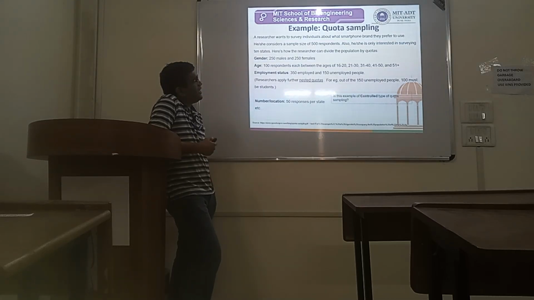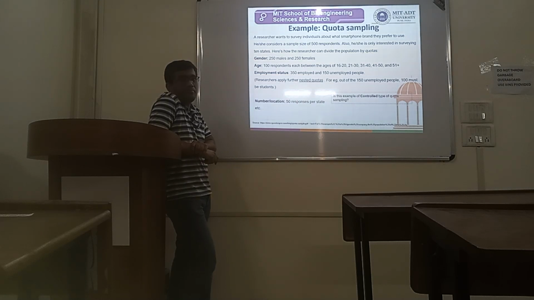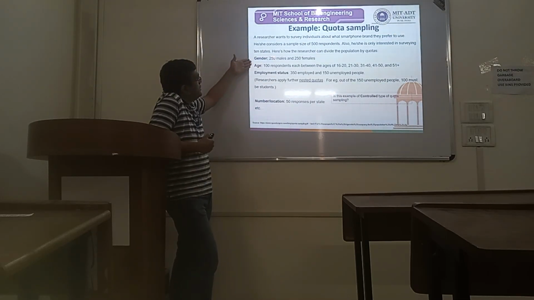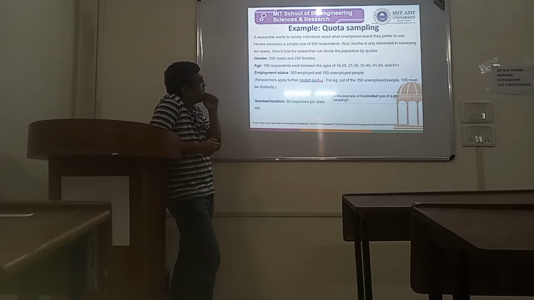You can take this as an example of quota sampling. We are going to recruit 500 respondents, and we are determining quotas with respect to age, gender, and employment status. You can have nested quotas. For example, out of 150 unemployed people, 100 must be students.